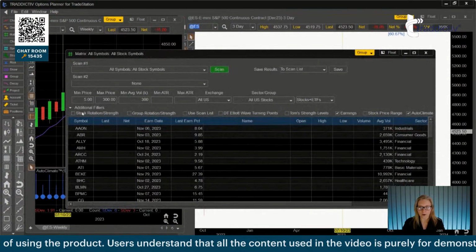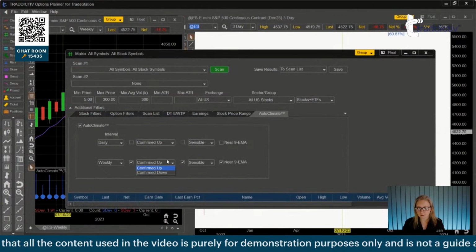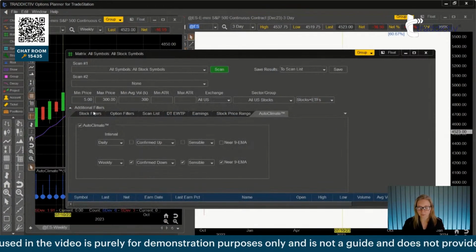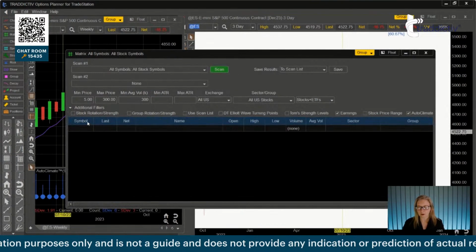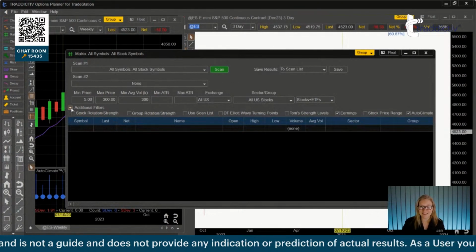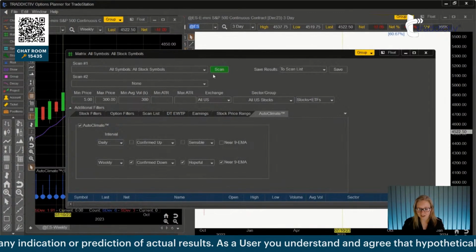Alrighty, so let's just make sure we're looking at all the right filters and features. We're going to do confirmed down, near 9 EMA, stocks and ETFs. Nothing, it would appear. So let's do hopeful.